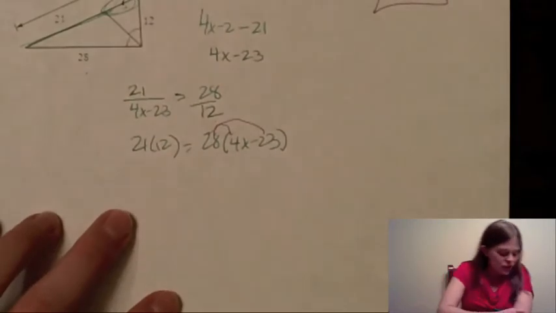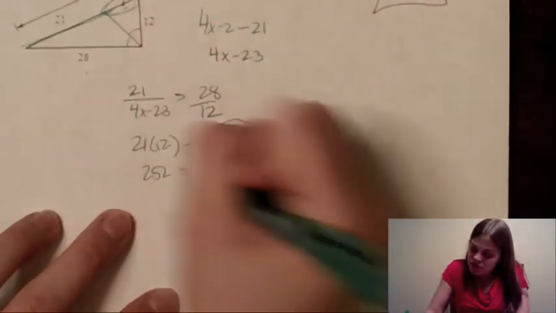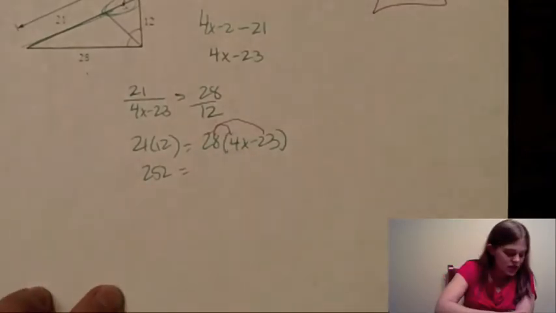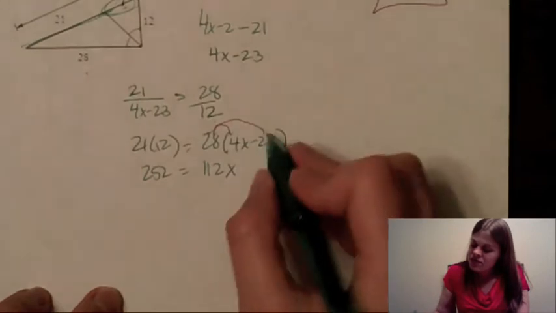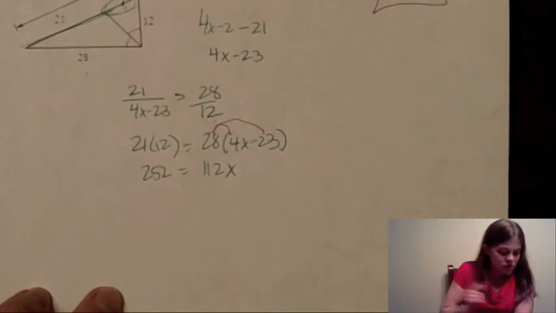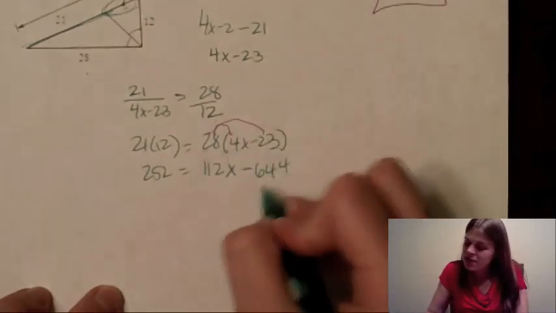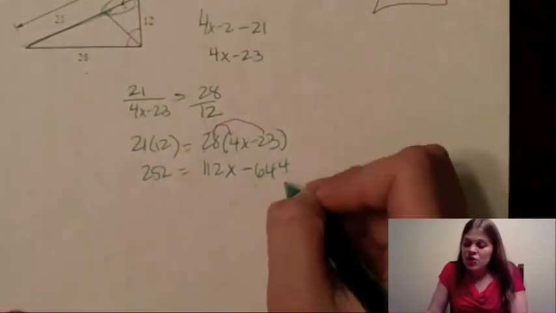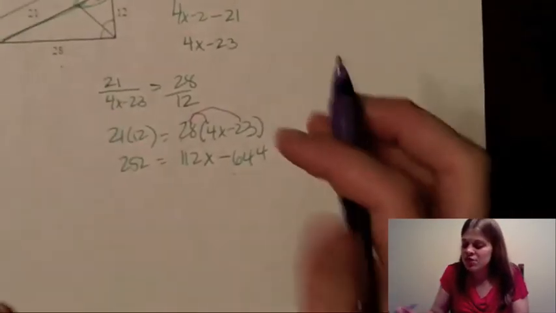Okay? So if I do 21 times 12, I get 252. Then I do 28 times 4, which gives you 112x. And then 23 times 28, it gives you 644, and since it's positive times negative, I get negative. So now, to get the x by itself, I have to get rid of subtracting 644.